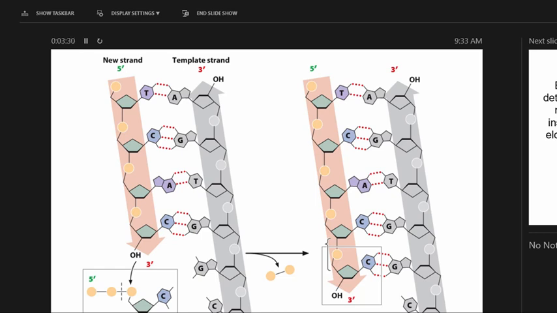This releases the beta and gamma phosphates, so alpha, beta, gamma, that's just how they're listed. This is called a pyrophosphate. It comes off, releasing a little bit of energy, and then the pyrophosphate spontaneously breaks apart into two inorganic phosphates, and that releases a whole lot of energy, and that's what drives this reaction.